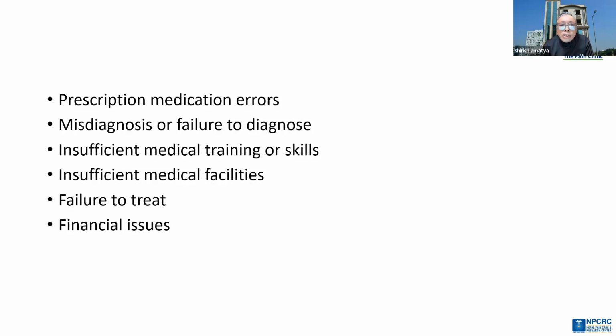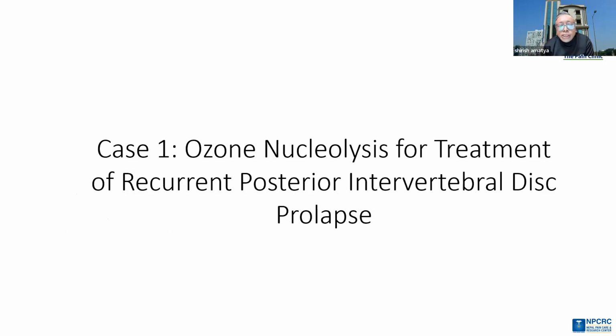So financial aspects can sometimes drive the physician to do things that are not under the guidelines, or if they are under the guidelines, they tend to go to the procedure that will give more financial benefits. So these are a few common mistakes that we tend to make during our clinical practice. Okay. So the first case I'm presenting is basically a case done by me about 3 years back.